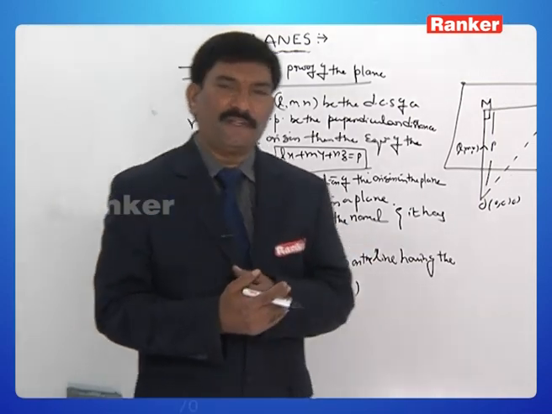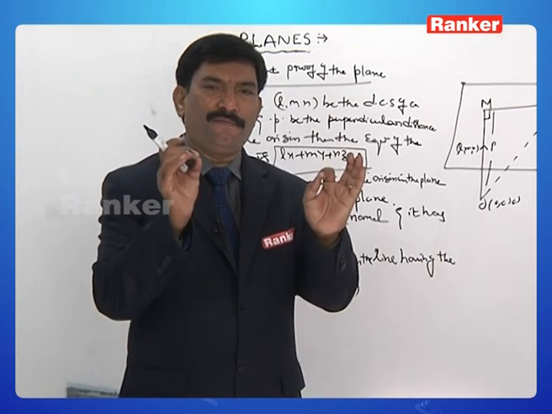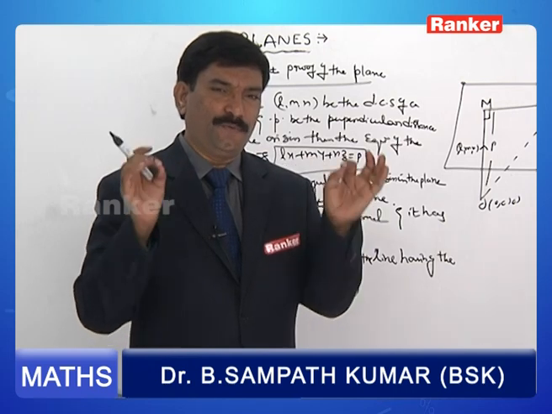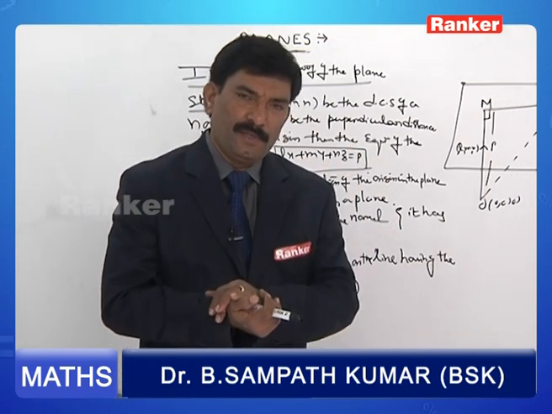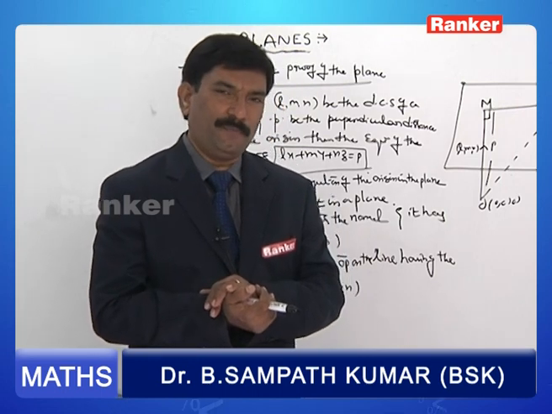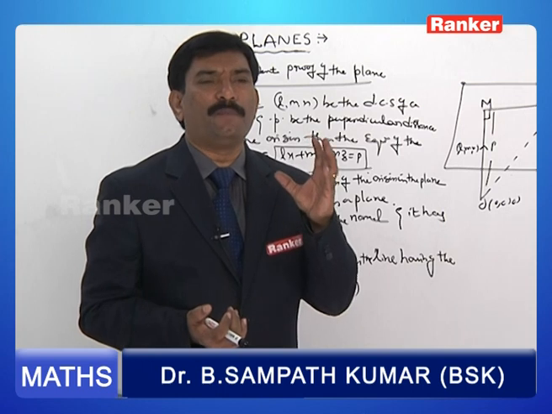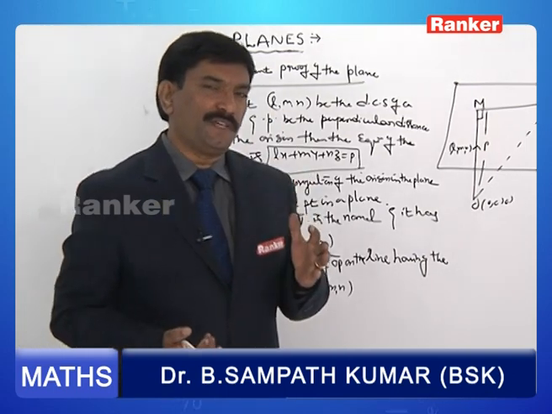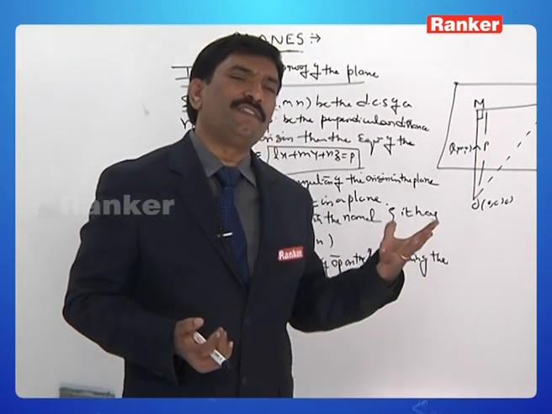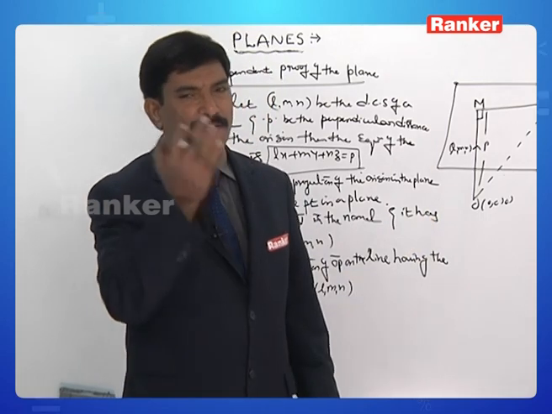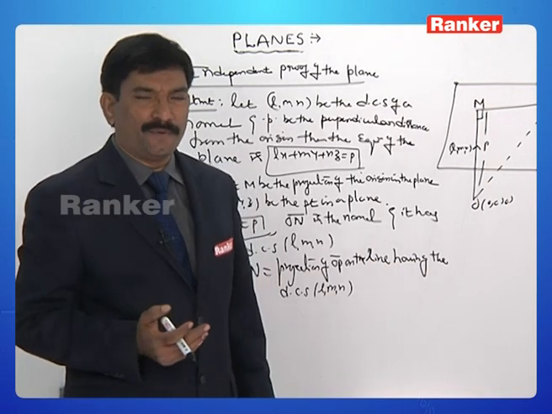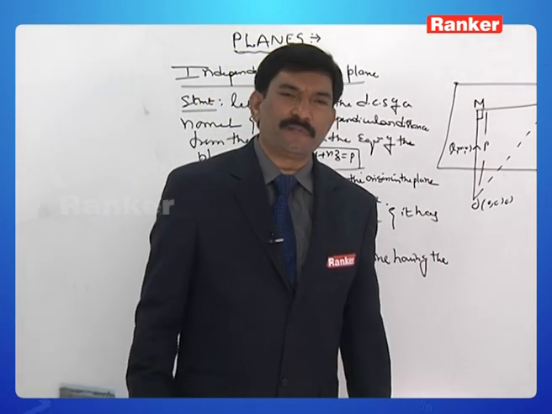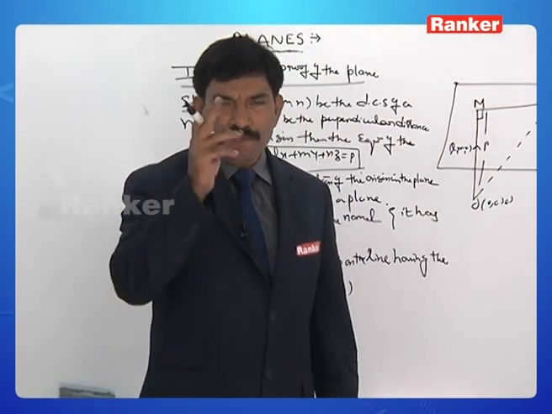Yes, we know that from DCS and DRS: if A of x1, y1, z1 and B of x2, y2, z2 are the two points, the projection of the line segment joining A and B on the line having the DCS l, m, n is given by l into x2 minus x1, plus m into y2 minus y1, plus n into z2 minus z1.